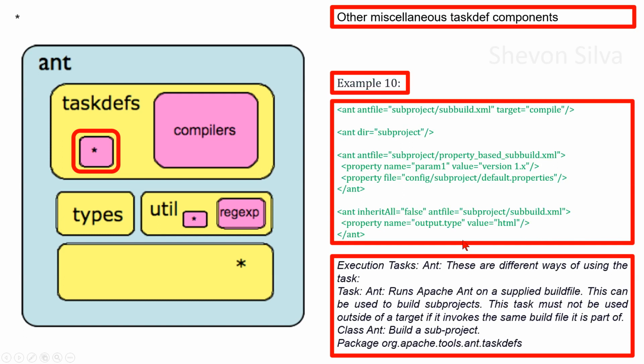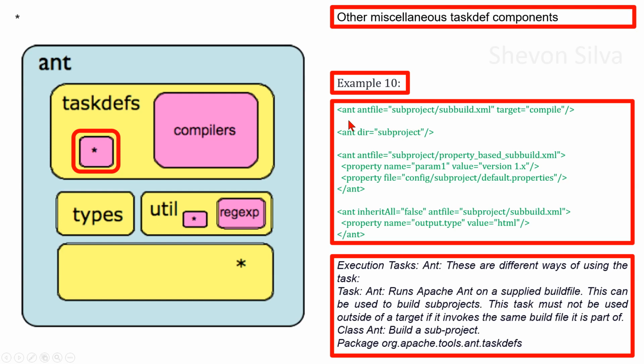Now we are considering Ant in execution tasks. There are different ways of using the tasks. The task Ant runs Apache Ant on a supplied build file. This can be used to build sub-projects.